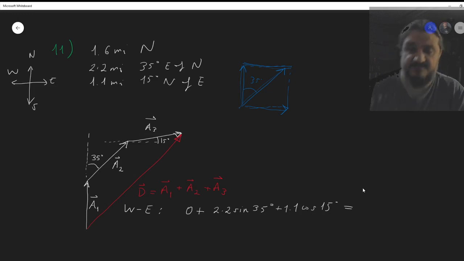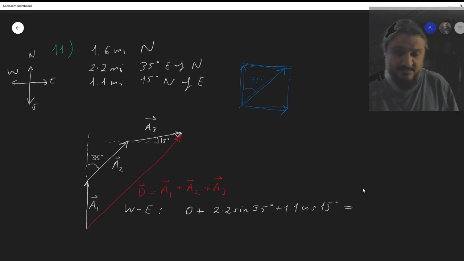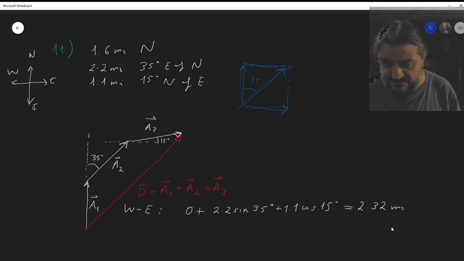That will be the east-west component of the displacement vector D. So 2.2 sine 35, make sure your calculator is set to degrees, not radians, plus 1.1 cosine 15. Okay, 2.32 miles. That's the east-west component of the displacement.